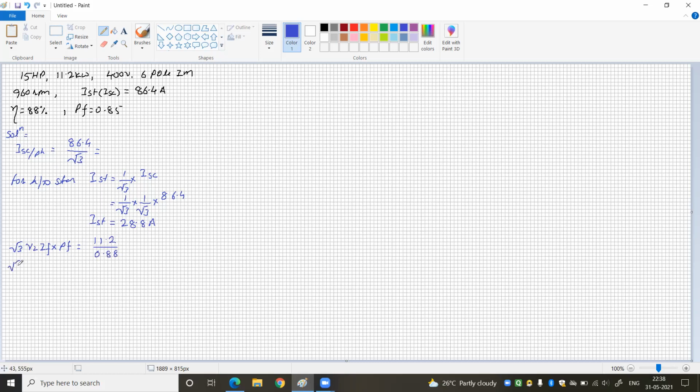By putting this value, √3 into voltage 400 multiplied by full load current multiplied by 0.85 is equal to 11.2 divided by 0.88. Therefore, the full load current is 21.59 ampere.